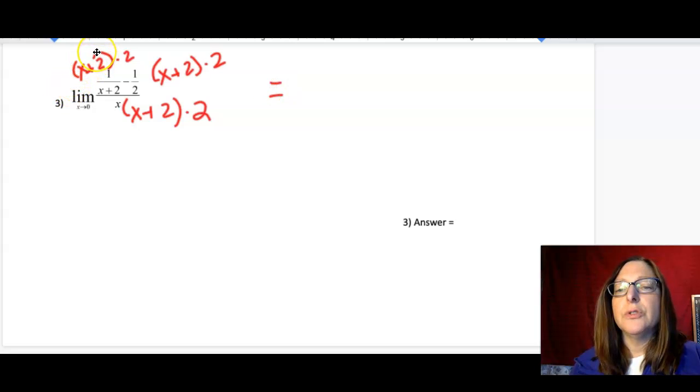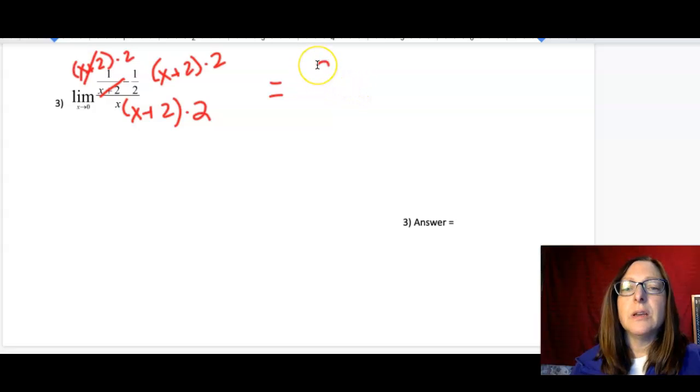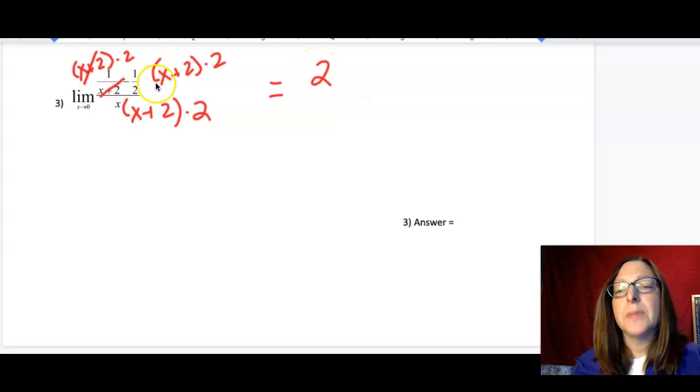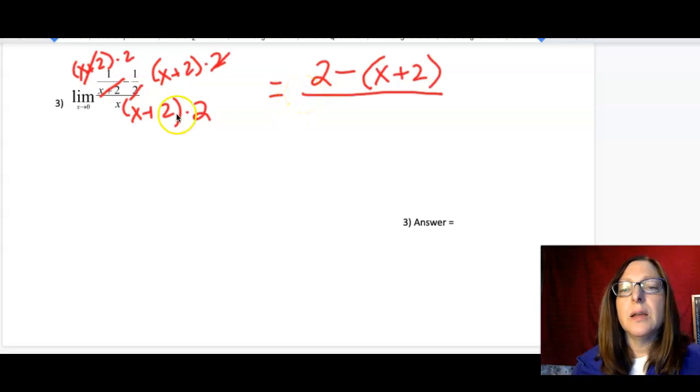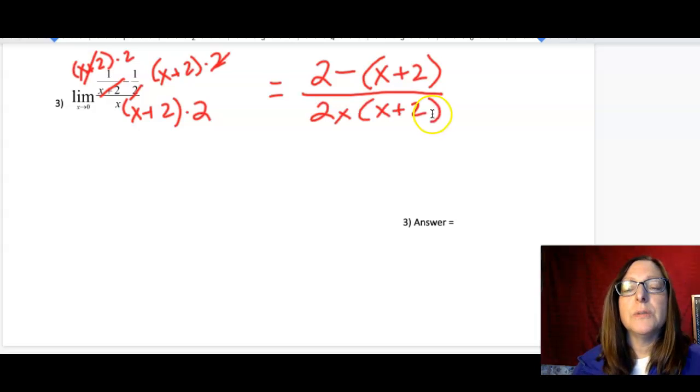So in the first fraction, the x plus 2's cancel, and I just get a 2 on top. Then I have a minus sign, and I'm going to put parentheses because the 2's cancel, but not the x plus 2. So there's 2 terms left, and parentheses are important. And on the bottom, just rewrite it. You have everything left. No need to multiply it out.